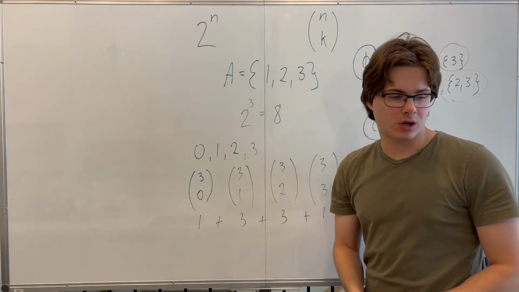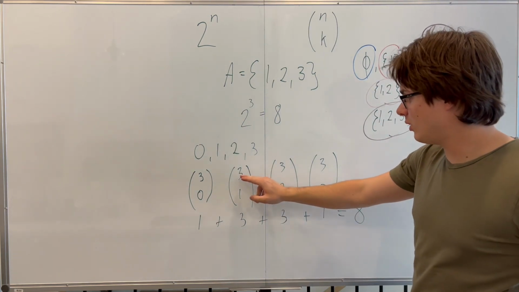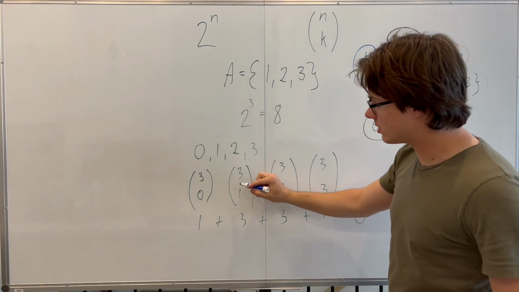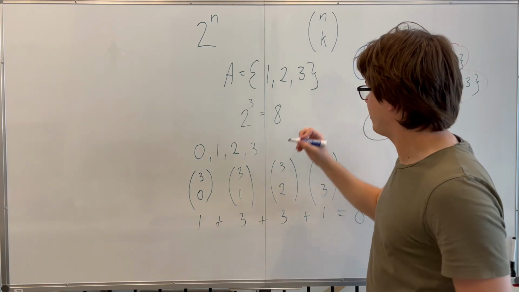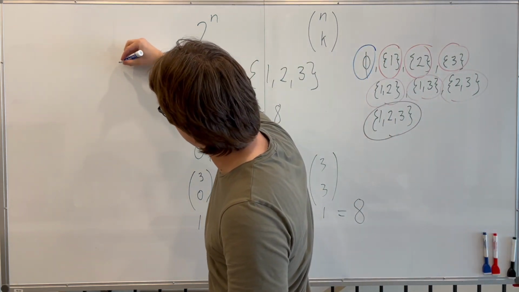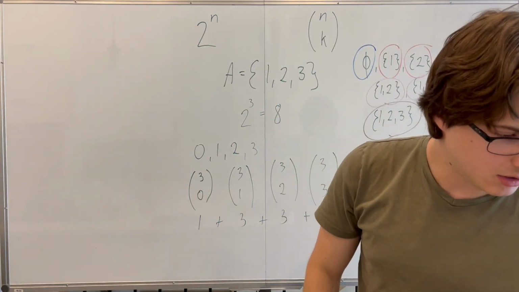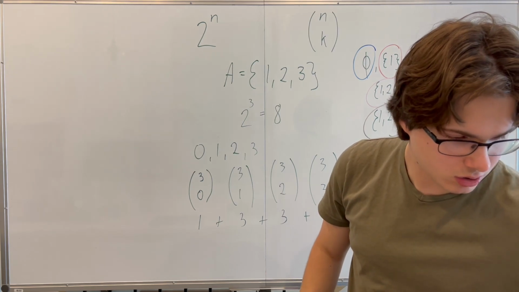And one more note I want to make. When I was asking how many ways you can choose 1 out of 3, I counted them up here. You can just compute 3 choose 1, which is equal to 3. Oh, this marker I think is dead. Okay, let me get this one.